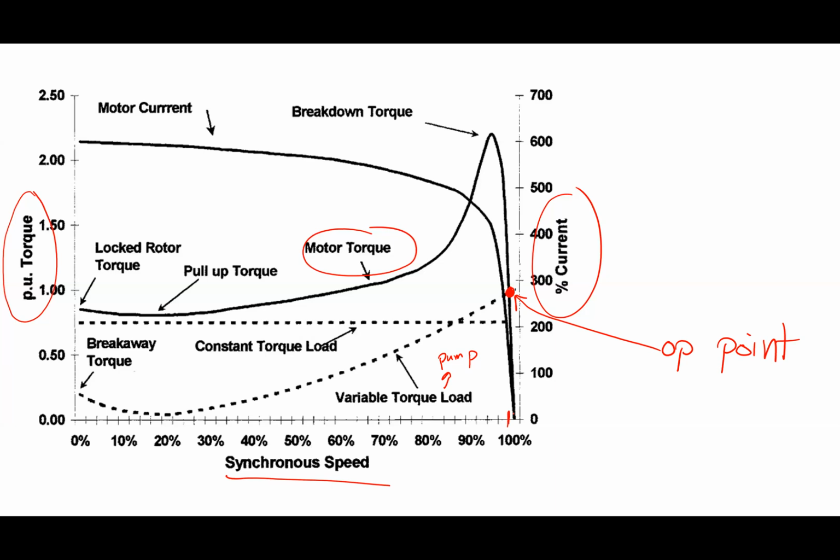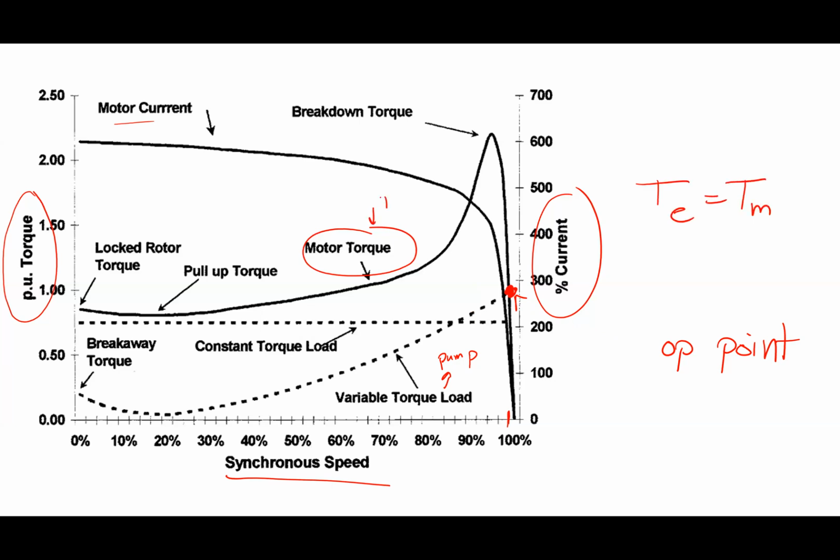And what I can also see here is the motor current versus speed. If I look at the motor current, here's where he's operating, somewhere around here. The operating point is where the electrical torque equals the mechanical torque.